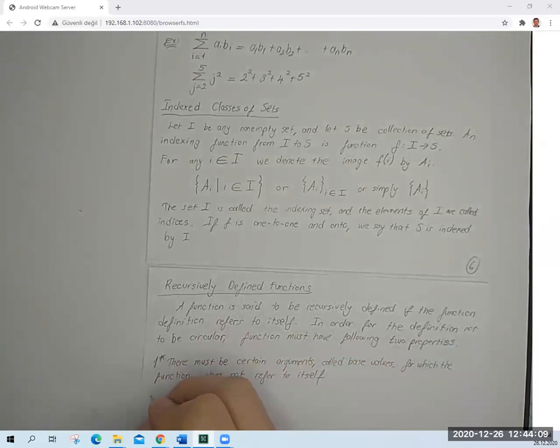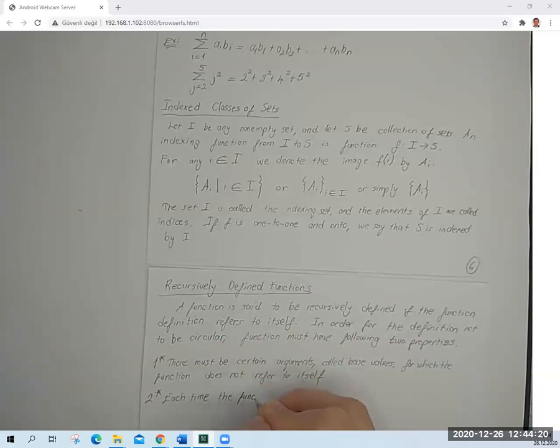And second one, each time the function does refer to itself, the argument of the function must be closer to a base value.